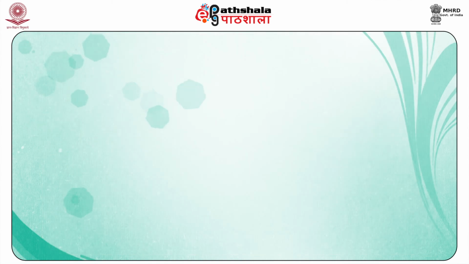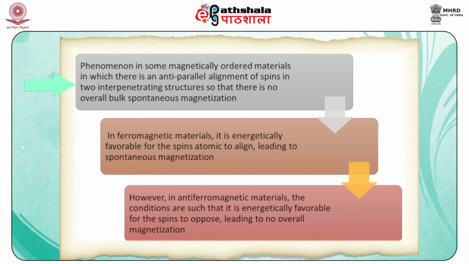Antiferromagnetism is a phenomenon in some magnetically ordered materials in which there is an anti-parallel alignment of spins in two interpenetrating structures, so that there is no overall bulk spontaneous magnetization.